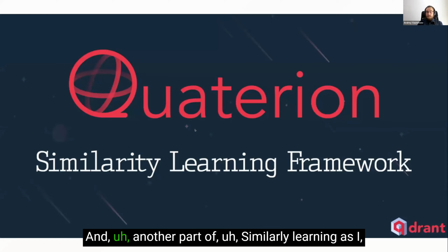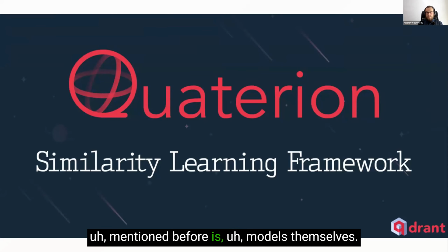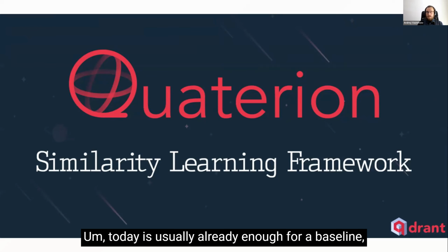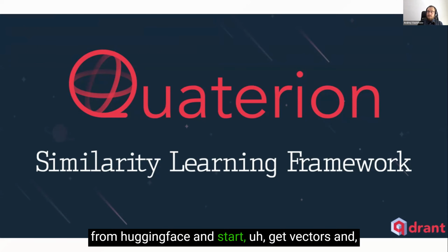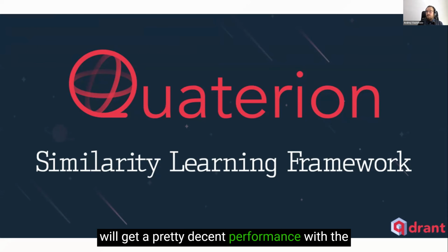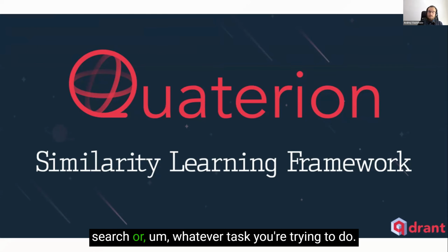Yeah, and another part of similarity learning, as I mentioned before, is the models themselves. Today it is usually enough for the baseline to just download some pre-trained model from Hugging Face, install it, get vectors, and already without any training you will get pretty decent performance with search or whatever task you're trying to do.